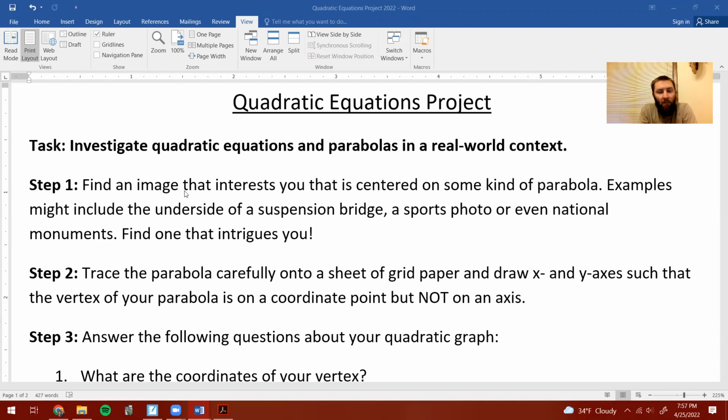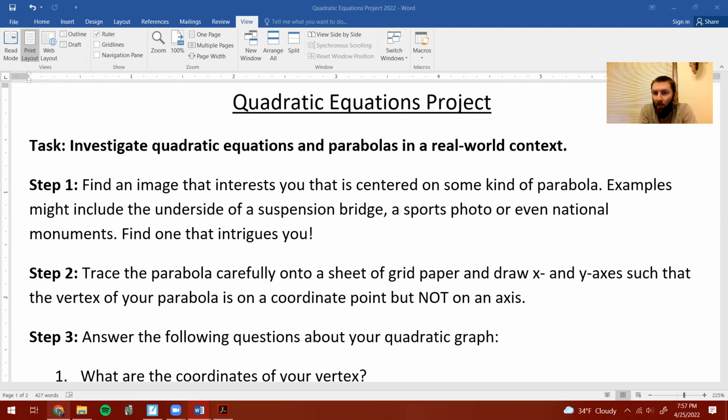So your main job, and really the only job I for sure need you to finish today, is to find a real world thing. It can be anything that exists in the actual world. But I want you to find a picture of something that shows a parabola or shows a parabolic graph, okay?